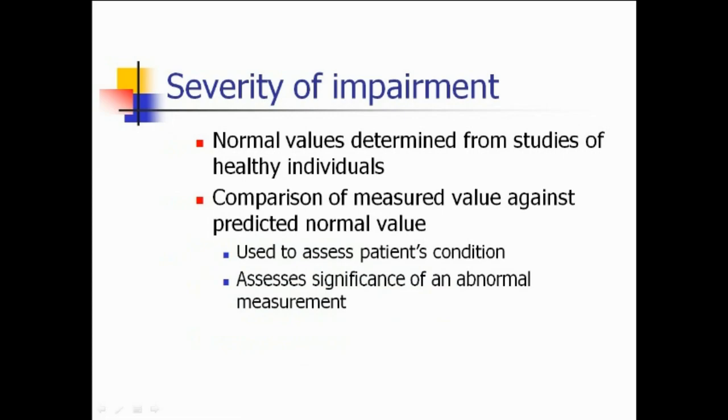Now, before we ever do any type of measurement, we have to know what a normal value is for a given person. Fortunately, there's been a lot of studies done. There's nomograms and formulas which help determine what a normal value is for a man or a woman, the height, the age, all of those things create this normal value.